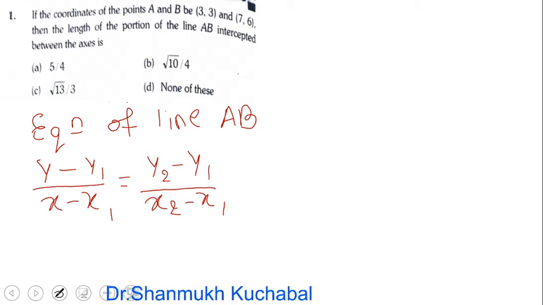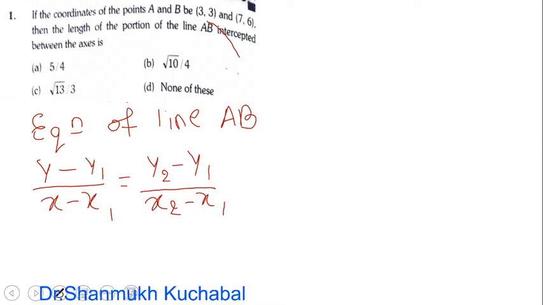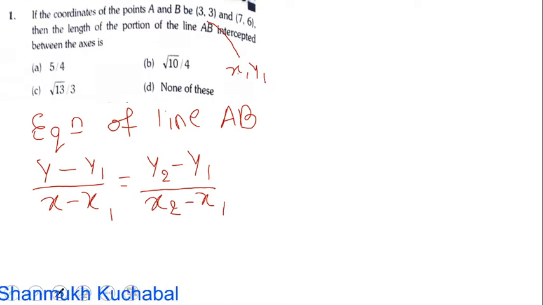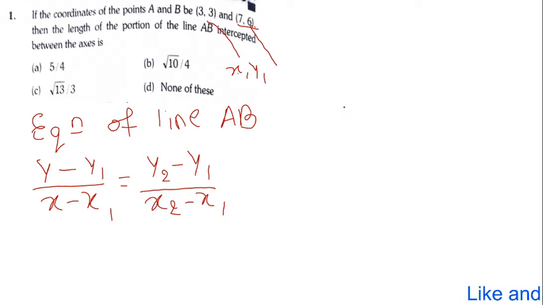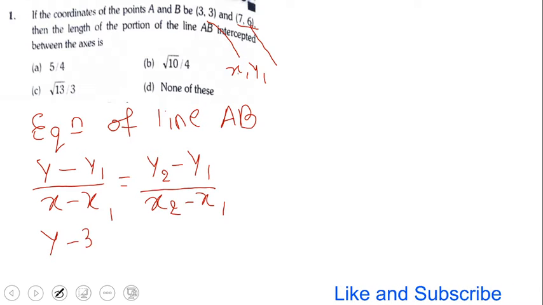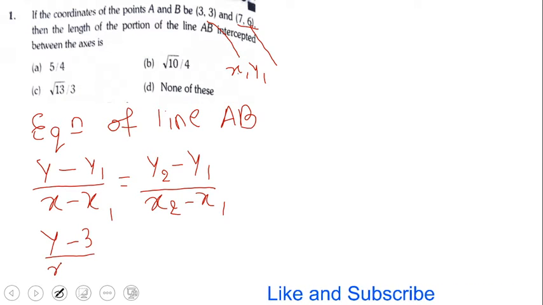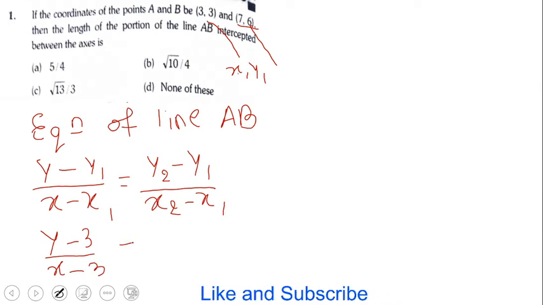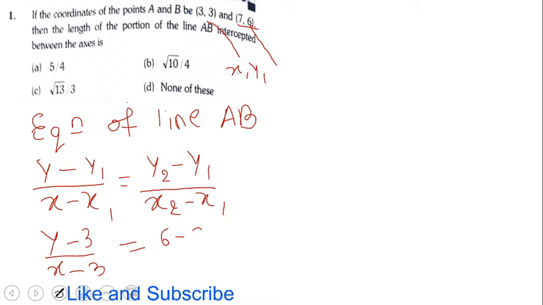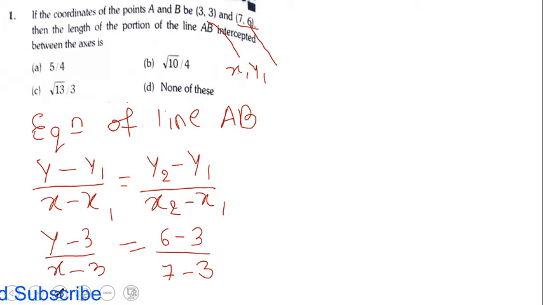The first point, we will take the coordinates as x1, y1, and the second point, we will take the coordinates as x2, y2. So taking these values we will get (y minus 3) divided by (x minus 3) equal to (6 minus 3) divided by (7 minus 3).